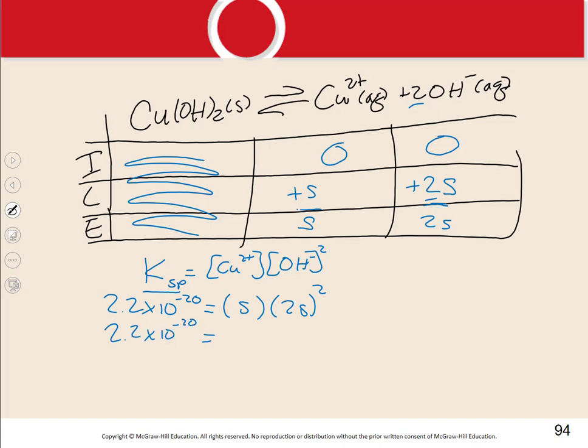So what does the product side here simplify down to? Good, 4S cubed. Does everybody understand where we got that from? All right. Now we can divide the 4 over to the other side to get rid of it, and then take the cube root of both sides. Where did my good calculator go?